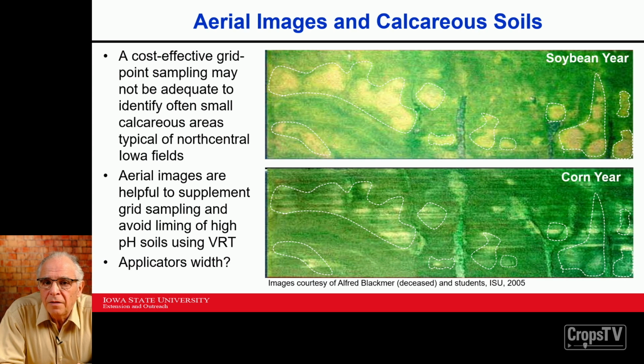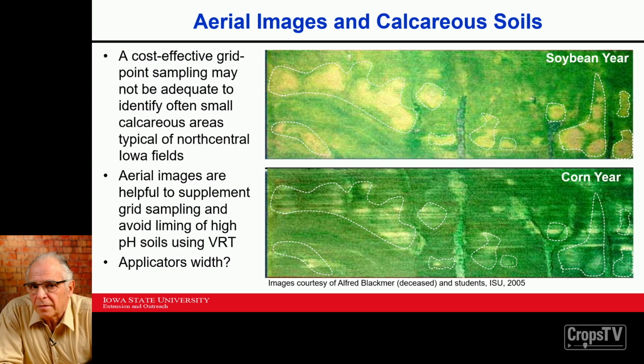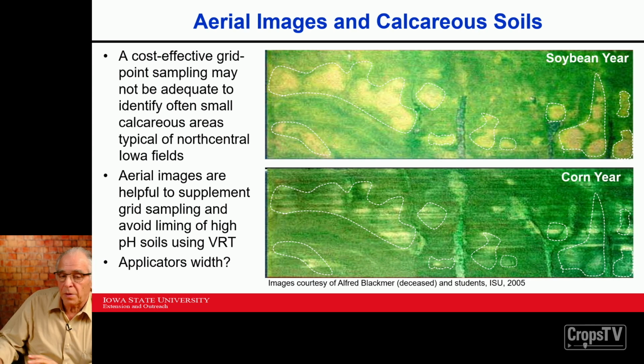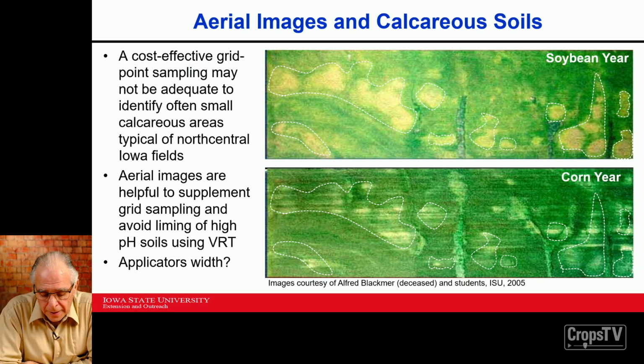But the issue is that even with grid sampling, taking 10, 15 cores per 2.5 acres, it's enough that you get most cores from the acidic area and one core from the calcareous area to screw up the sample result. So I think people should be very careful when sampling, and then, of course, try to apply lime in the acidic areas, but not in the calcareous area.